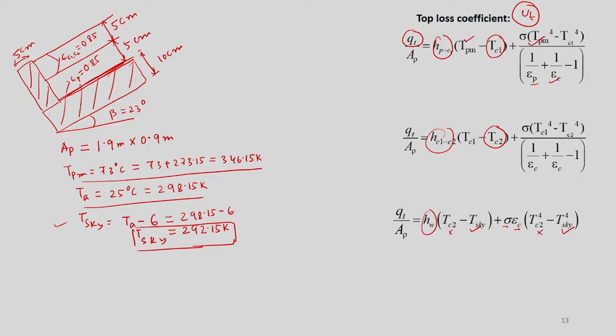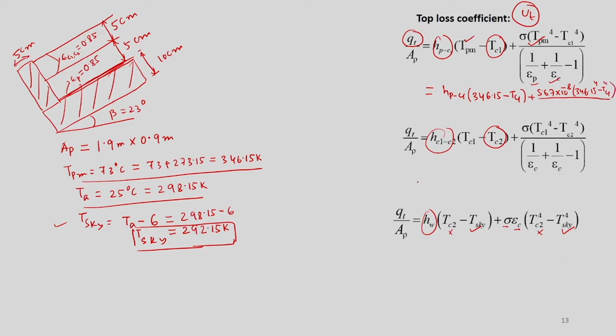So, let us proceed with the given data. So, what we can write here? HPC1, then we have TPM. TPM is 346.15 minus TC1, plus sigma value is known to us, 5.67 into 10 to the power of minus 8, then 346.15 to the power of 4 minus TC1 to the power of 4.